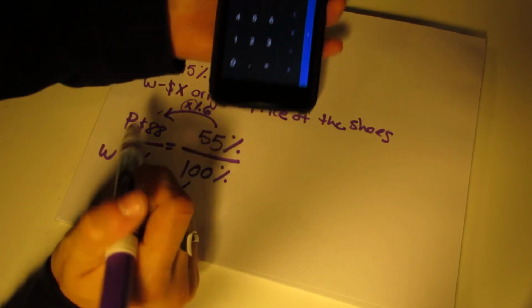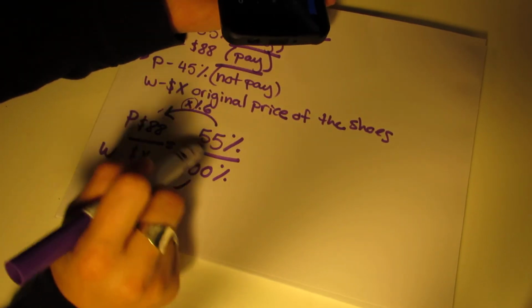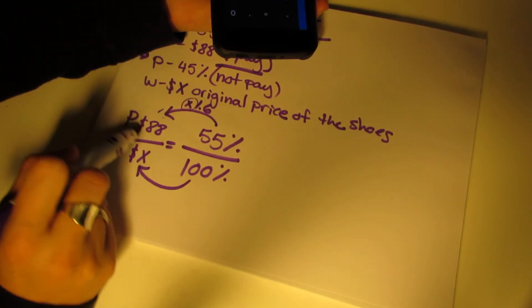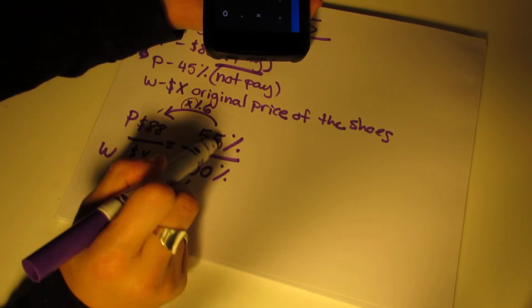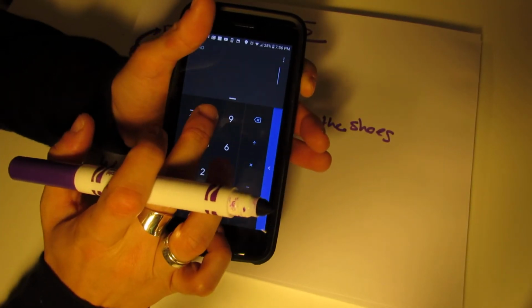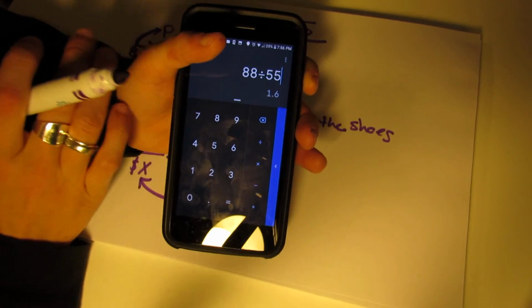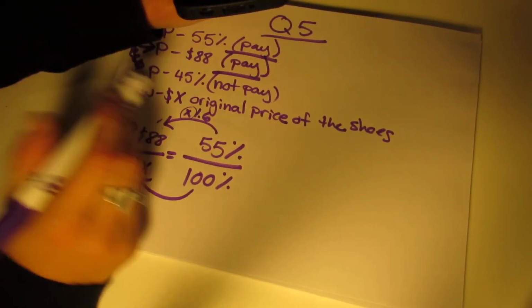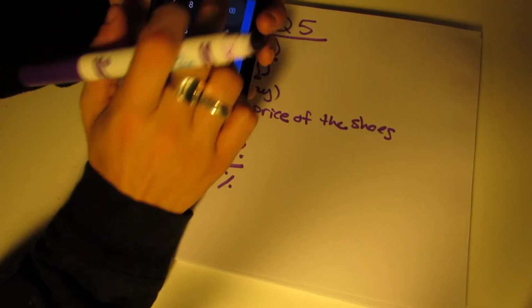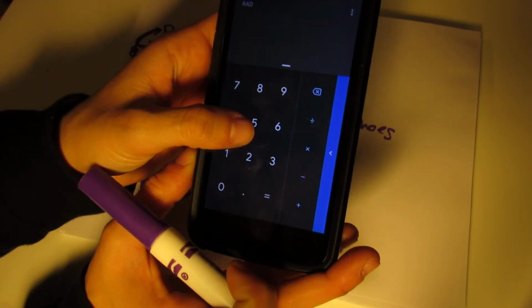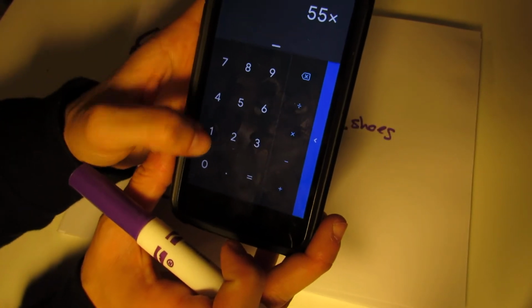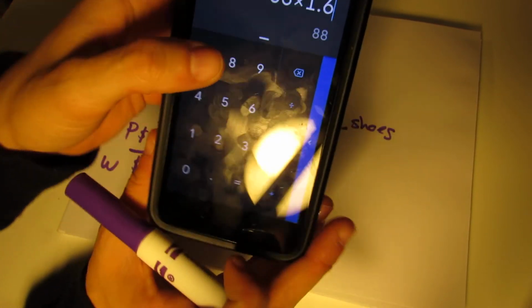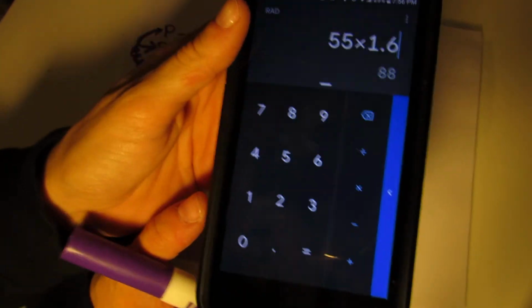Like I said, if it's difficult for you to think about what to multiply 55 by to get 88, see how many times 55 can go into 88. That's a division problem. Again, I got 1.6. All right, so let's just double check, because Miss Linsky's paranoid sometimes. 55 times my scaling factor of 1.6 gives me 88.